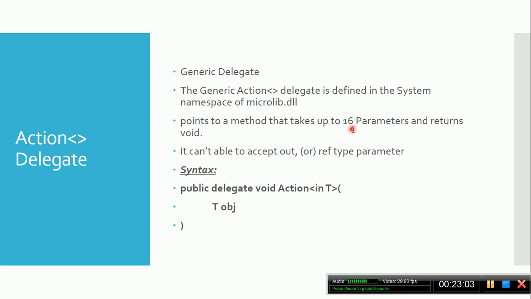It can't accept a function which has more than 16 parameters. It accepts a pointer to a function which returns void type, and which receives less than or equal to 16 parameters.